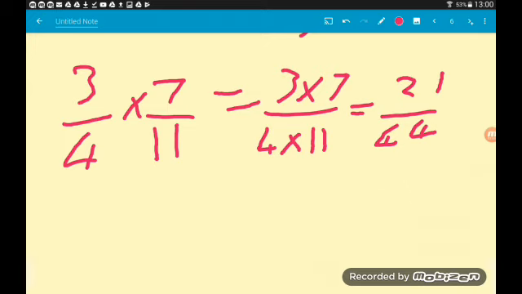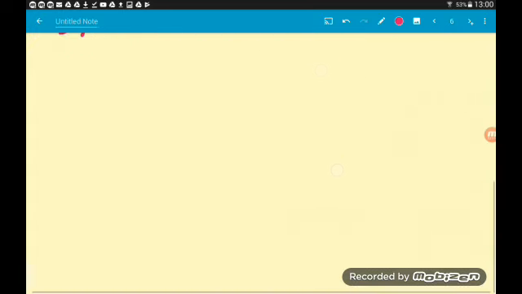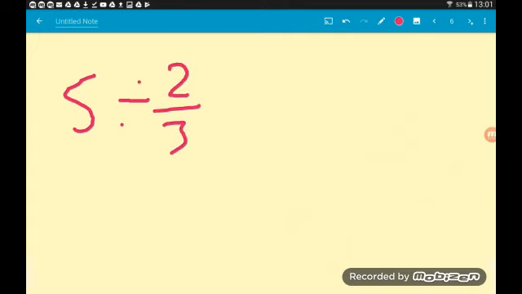What about division by a fraction? This maybe gets a little bit trickier. Say we want to do 5 divided by 2/3, so a whole number divided by a fraction. To divide by a fraction, first of all, you flip it over. So we're going to get something to do with 5 and 3/2. You flip the fraction over and then you multiply by it.